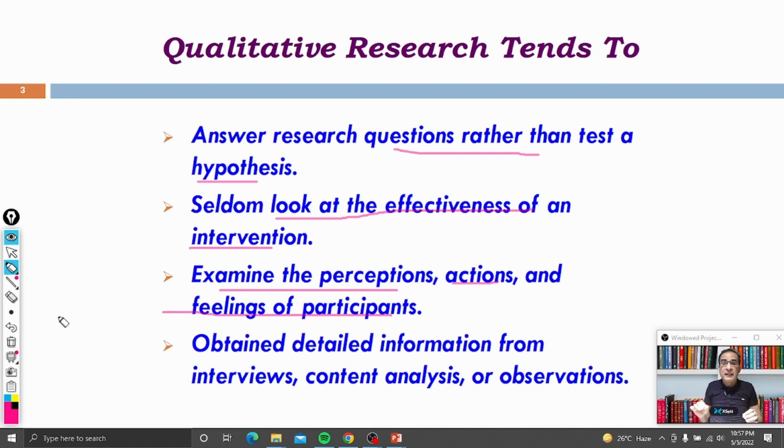We obtain detailed information from interviews, content analysis, and observation. So mostly we collect the data and obtain the information from interviews, content analysis, and observation in qualitative research.